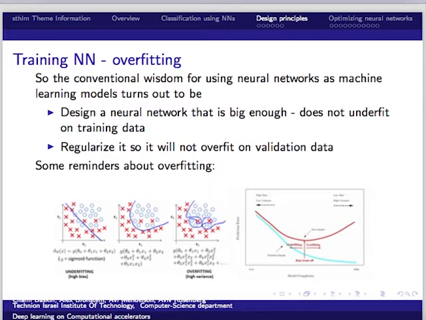In most cases, we use only the validation and training sets. So overfitting is when you trained very well on this 60% of your samples, but too well.